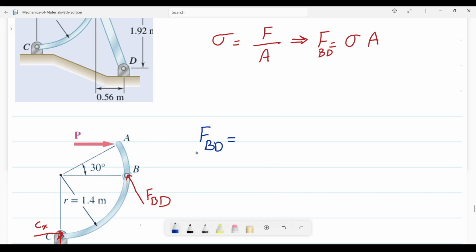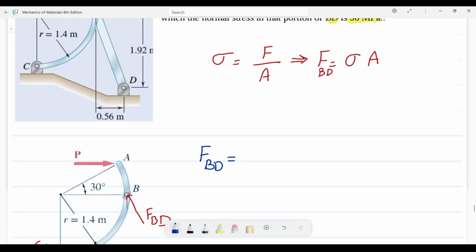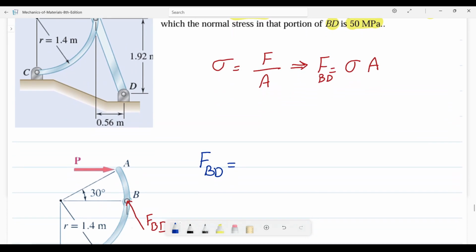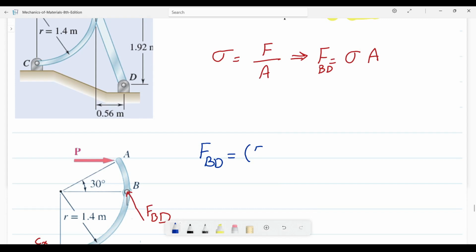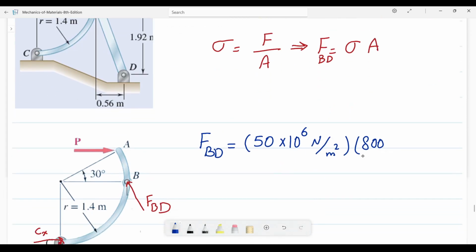FBD equals 50 megapascals, which means 50 multiplied by 10 to the power of 6 newtons per square meter, multiplied by 800 square millimeters, multiplied by 10 to the power of minus 6 square meters.